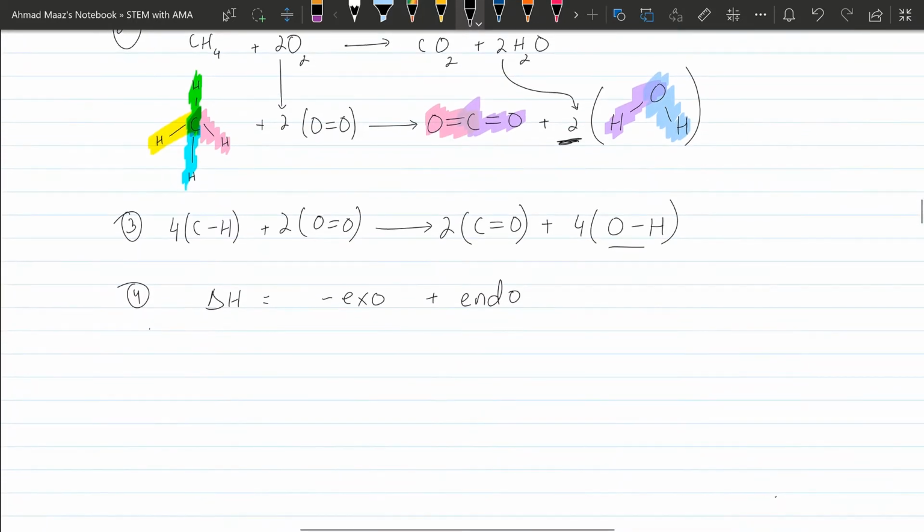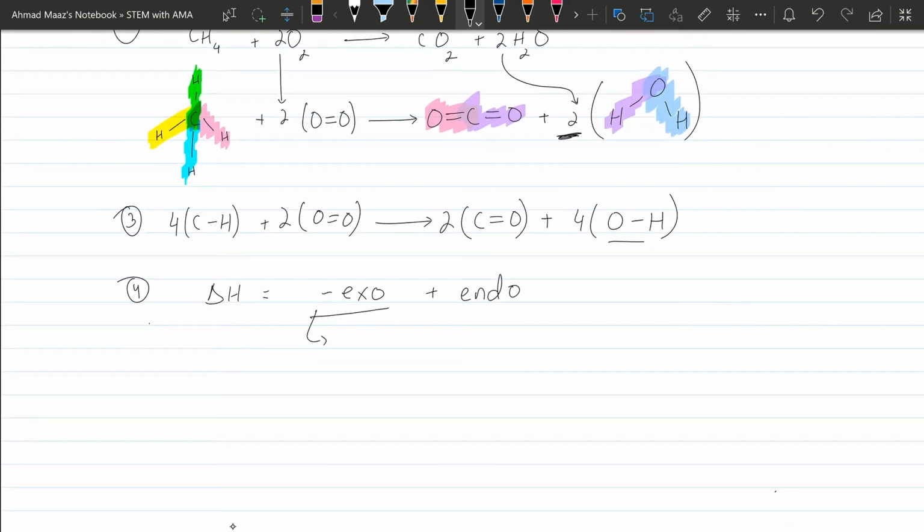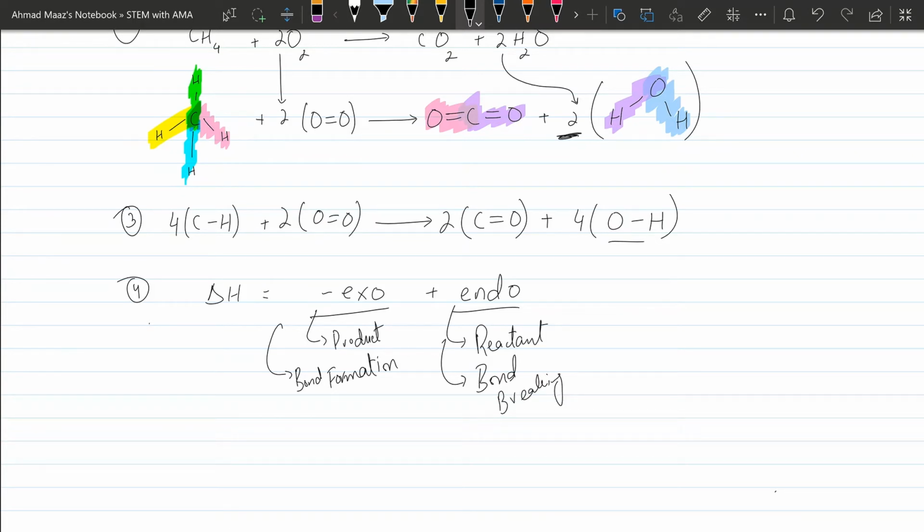We know that the exothermic part is the product side, the bond making or bond formation part. And then we have endothermic, which is the reactant side where bonds are broken, the bond breaking part. It's necessary that the old bonds are broken, only then can the new bonds of products be formed.